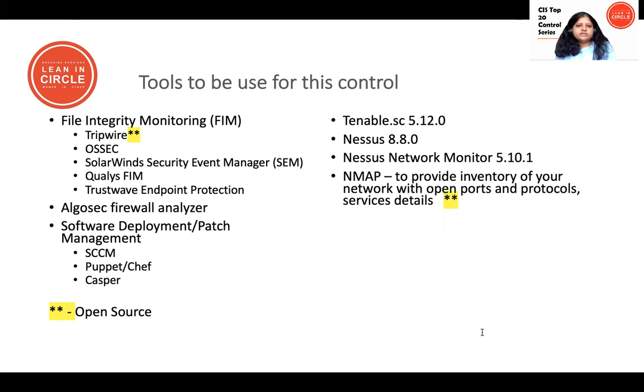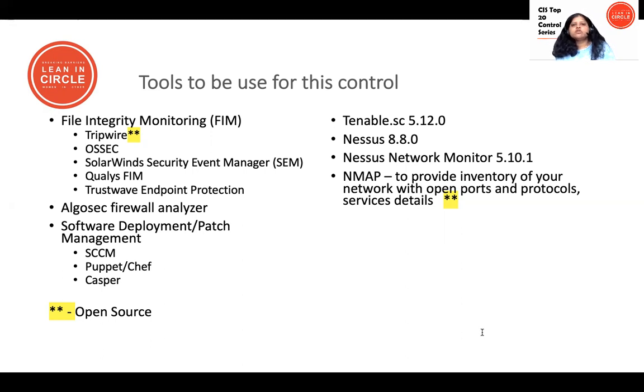And there are other tools like Algosec Firewall, which will help you review the firewall rules. Then there are software deployment and patch management tools, which will help you track deployments, patch management, and configuration management. The ones I marked with a star in yellow are open source, which we can use directly.